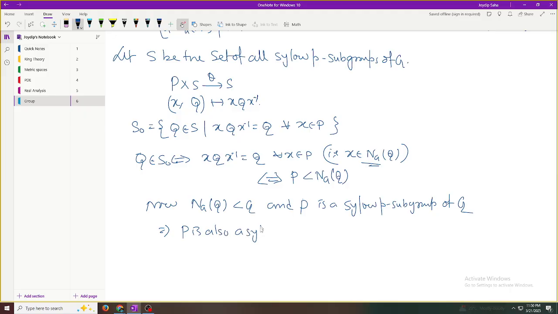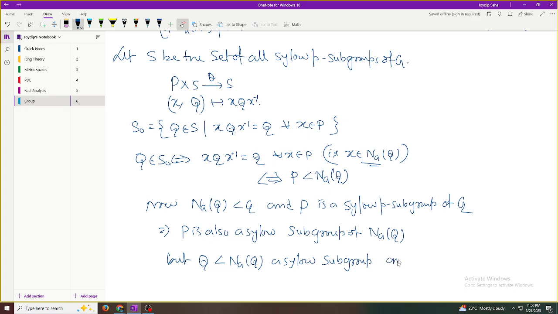of NGQ, but Q subgroup of NGQ are Sylow subgroups. And Q is normal.